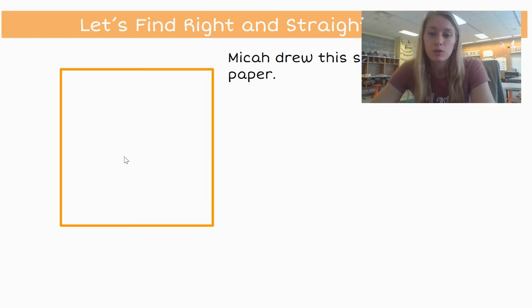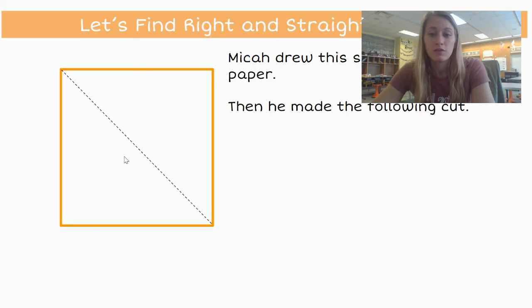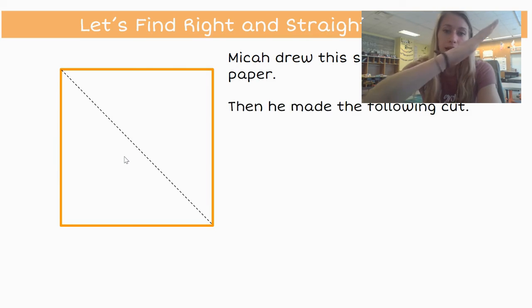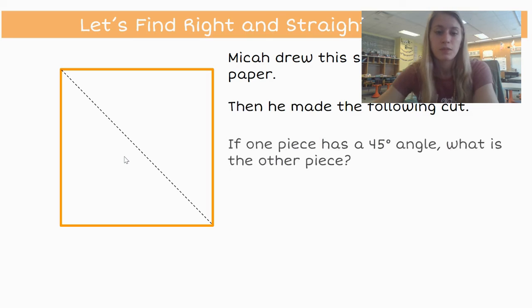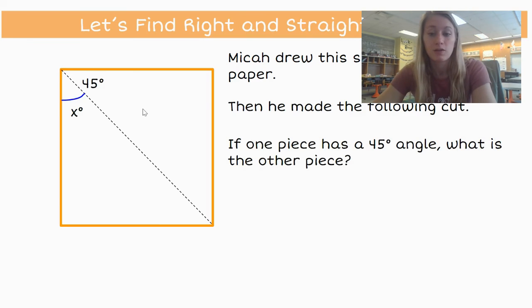So Micah drew this square on a piece of paper. Then he made the following cut. So he cut a diagonal line through the square. If one piece, this angle here, has a 45-degree angle, what is the other piece? Well, good thing I know squares, and I know that every square corner has 90 degrees, remember?